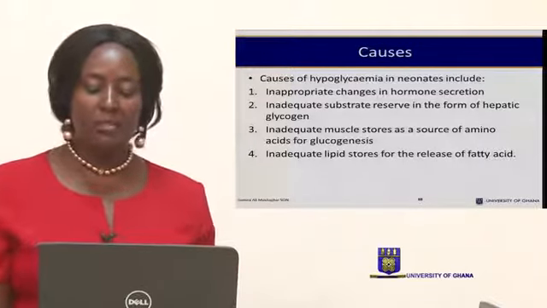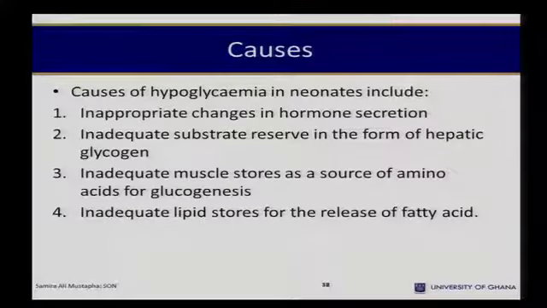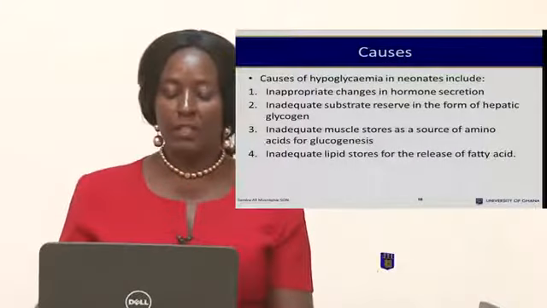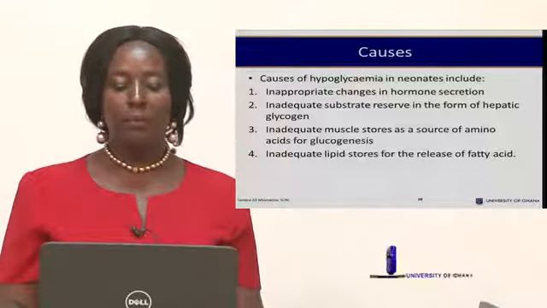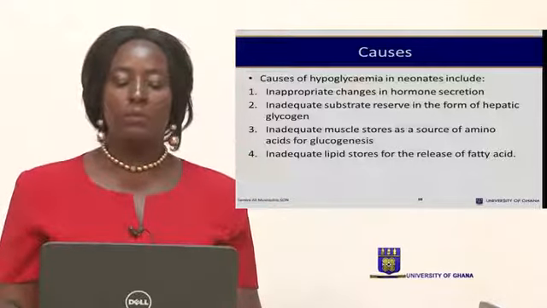So the causes, as we have mentioned, as we looked at the babies that are predisposed, you see that the causes of hypoglycemia include inappropriate changes in hormone secretions. So when there is inadequate secretion of insulin that will help with the metabolism, this will result.